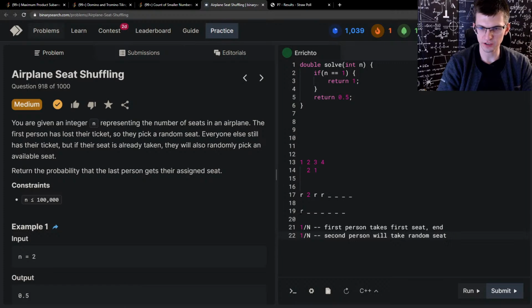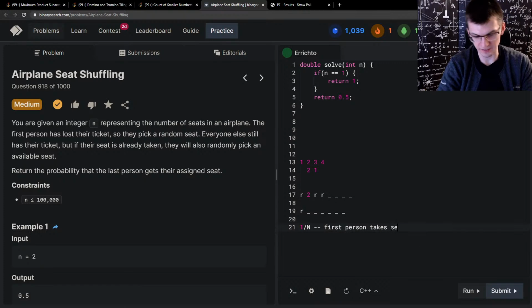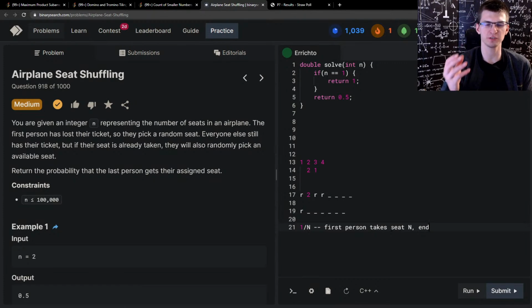Let's try to understand in which scenario we get to the end and we take the spot of the last person. There is 1 over n probability that the first person takes the last seat. And that's the end, because for sure the last person cannot sit there.